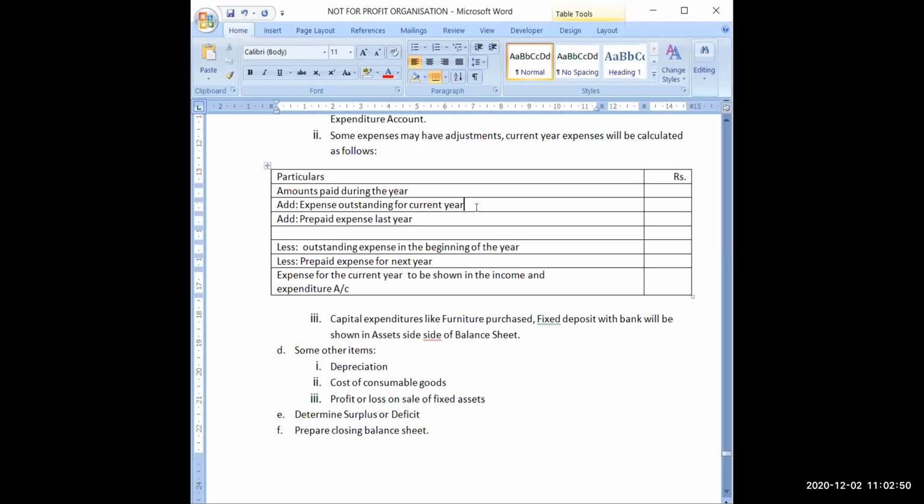But whatever amount was outstanding last year, and if we have paid that amount in the current year, that will not be the expense of the current year. It will be the expense of the last year. That's why we will subtract it. And if we have paid some amount in advance for any expense, that will also not be an expense of the current year. That's why it will also be deducted. In this manner, we will get the expense for the current year, and that will be written on the expenditure side of the income and expenditure account.